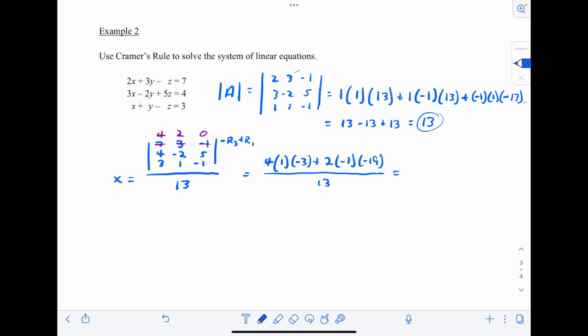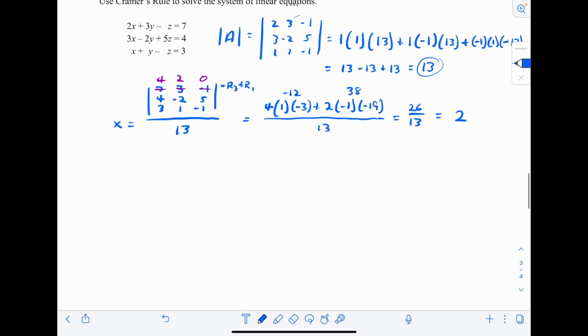And so I've got negative 12, right? This is negative 12. This is positive 38. So that's going to give me a positive 26 divided by 13 is 2. So x is 2.